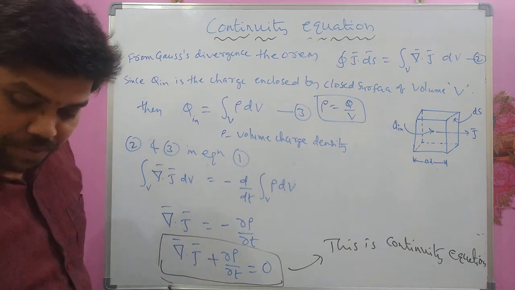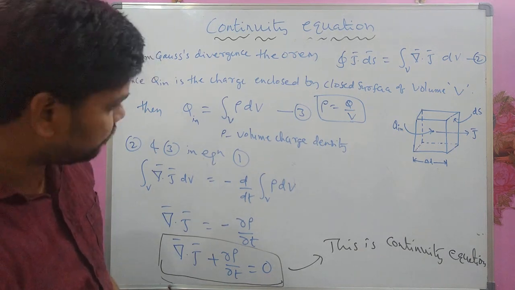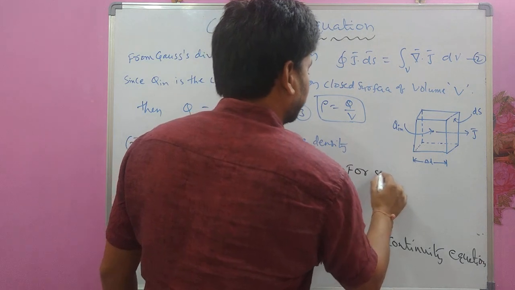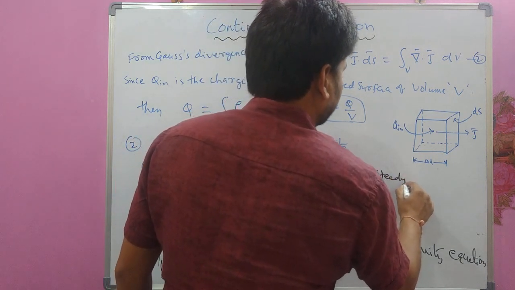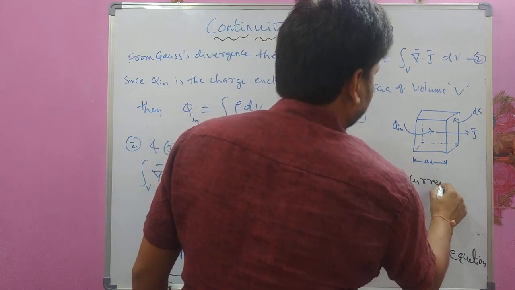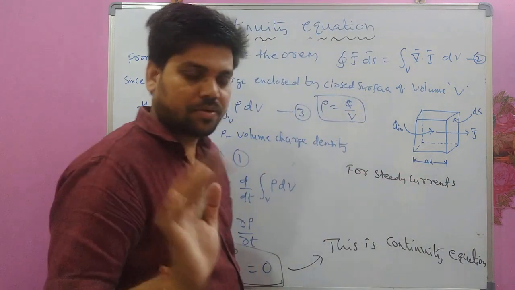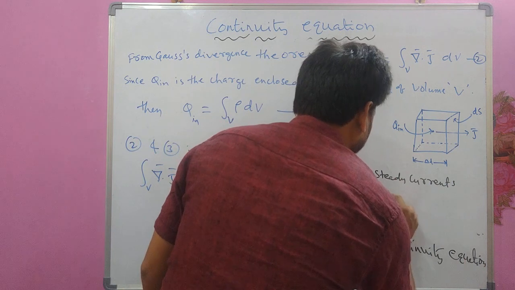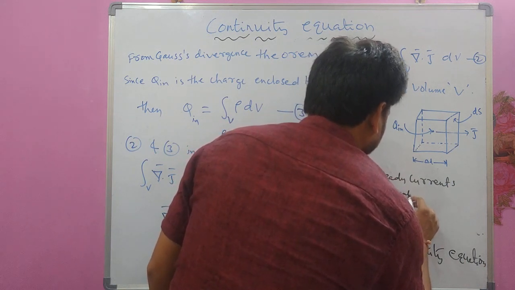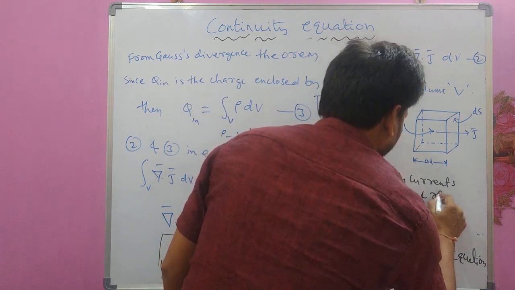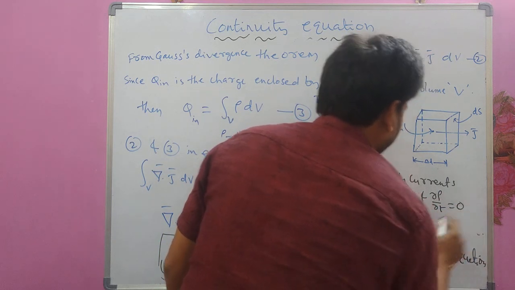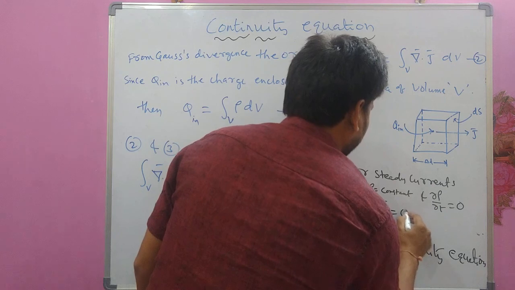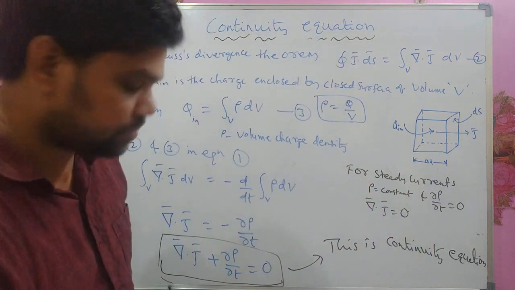And one more important case here, for steady currents, rho is equal to constant, and hence dou rho by dou t is equal to 0. Del dot J will be equal to 0. Remember this also.